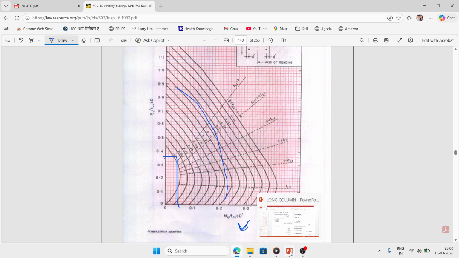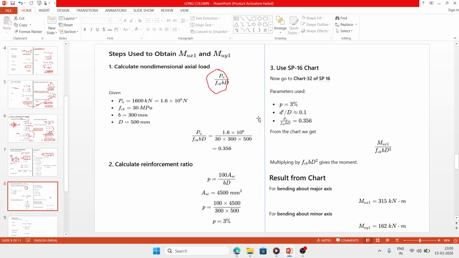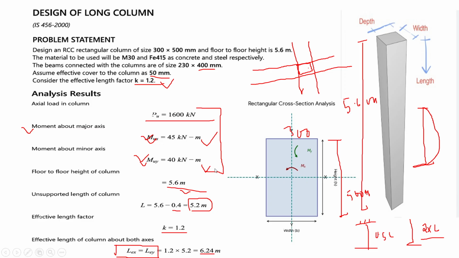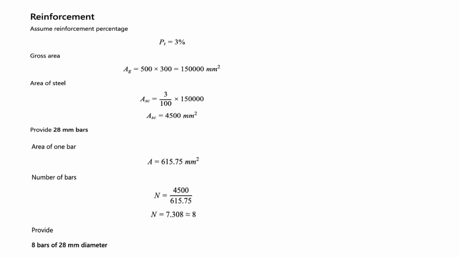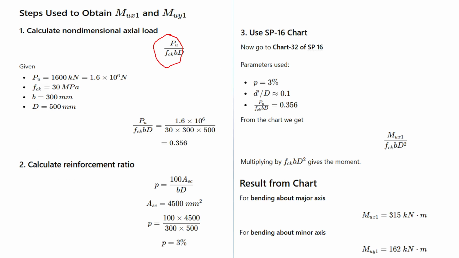So we have seen, corresponding to Pu by fck bD and D dash by D of 0.1, the percentage of steel is given as 3%. Using SP-16, from chart number 32 we just got the Mux.